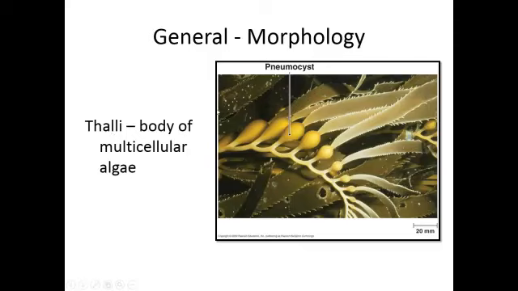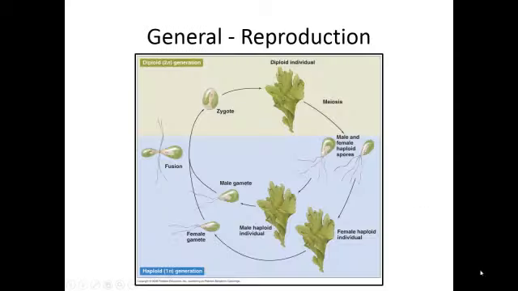Now, for some forms, like this seaweed here, we have different structures. You have the holdfasts, which are kind of like roots, except they don't perform the function of roots, except to hold the algae to a rock or to the sea bottom. The stipes are like stems, and the blades are like leaves.